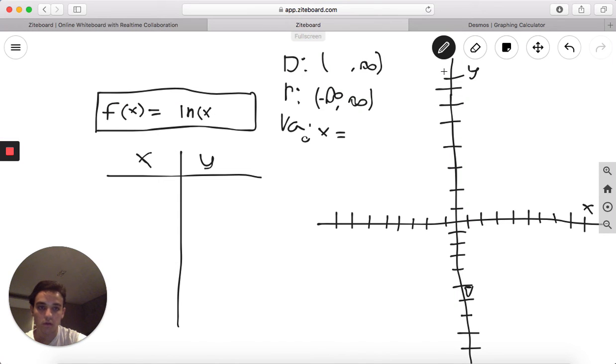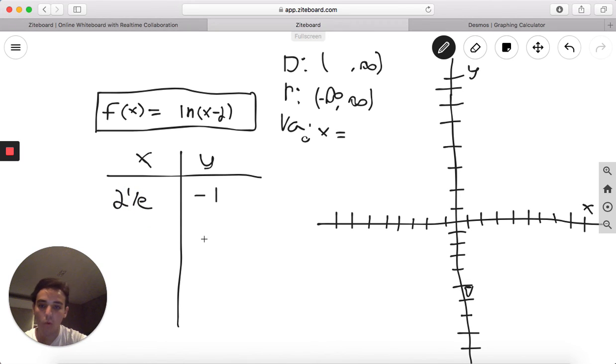So we're gonna quickly do this. Okay, so basically it's just the same, except shifted 2 to the right. So when y equals -1, x equals 2 plus 1 over e.